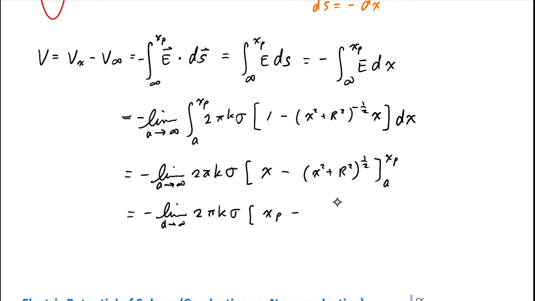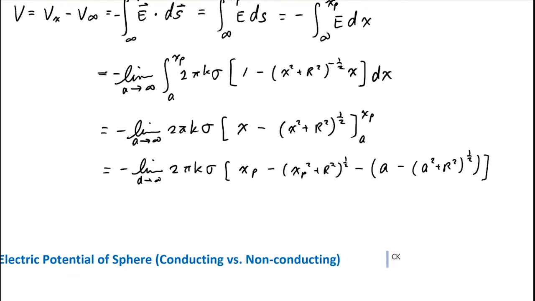Minus, and this becomes xp squared plus r squared to the 1/2 power, minus, now this is the confusing part, minus a minus a squared plus r squared to the 1/2 power, like that. So far, so good. Now we take the limit.